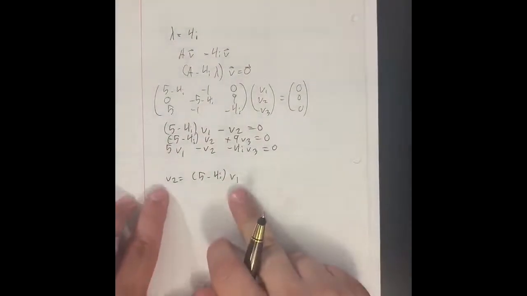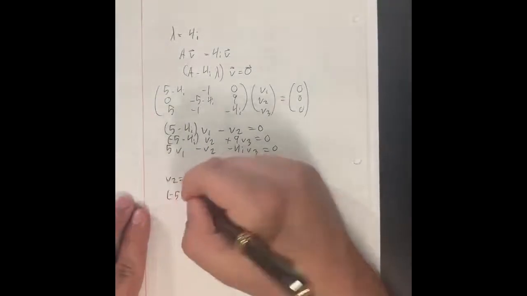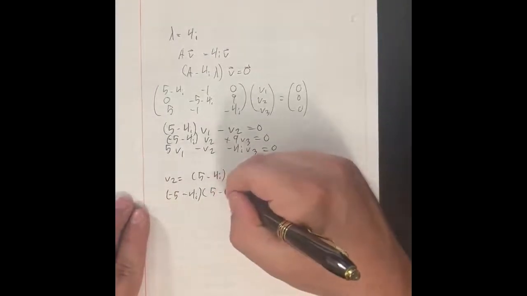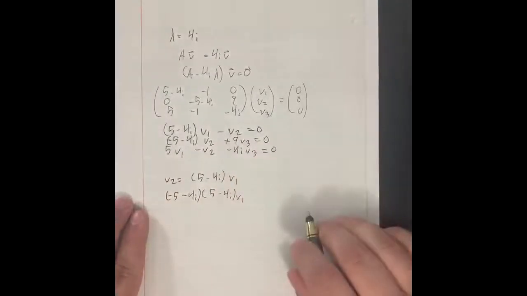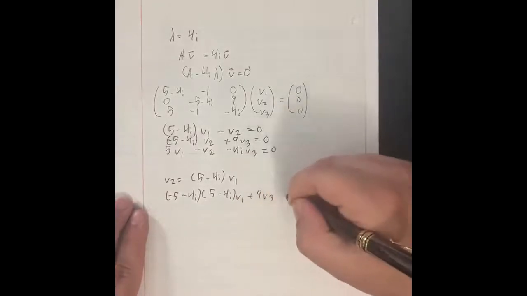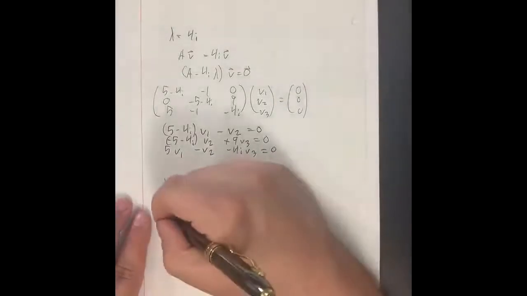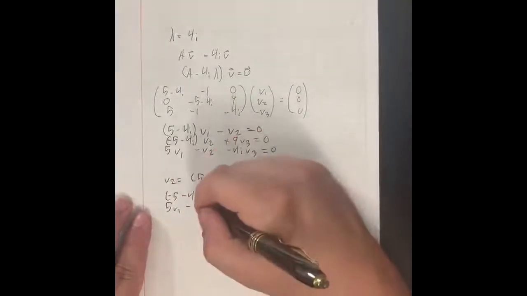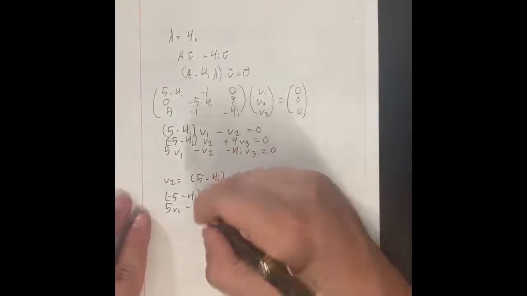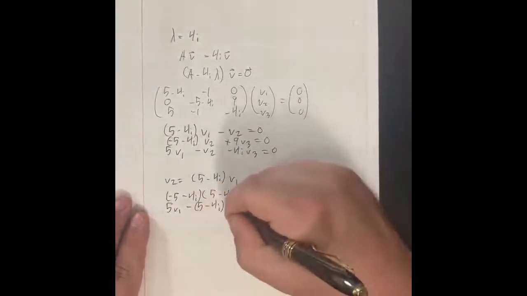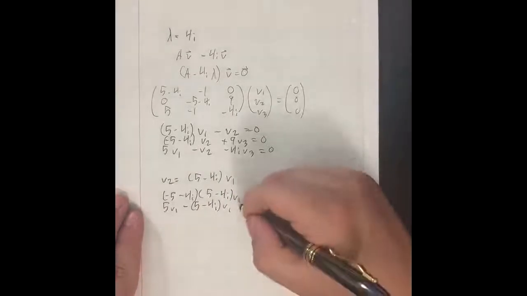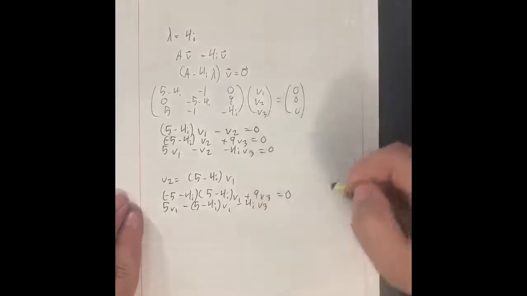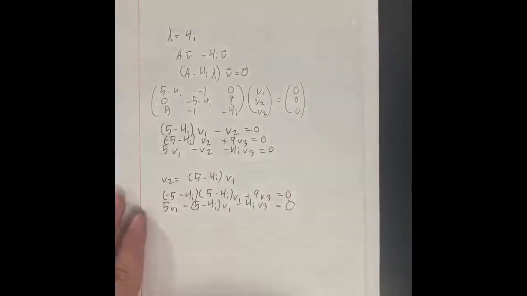All right, so let's plug that in everywhere. So we have negative 5 minus 4i times v2, which is 5 minus 4i v1, plus 9v3 equals 0. And then we have 5v1 minus v2, so that's minus this, minus 5 minus 4i v1, minus 4i v3 equals 0.